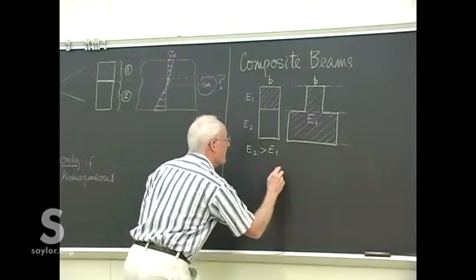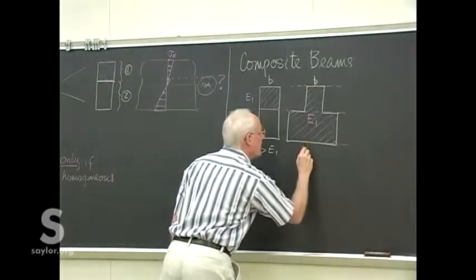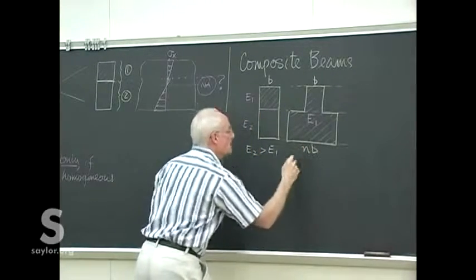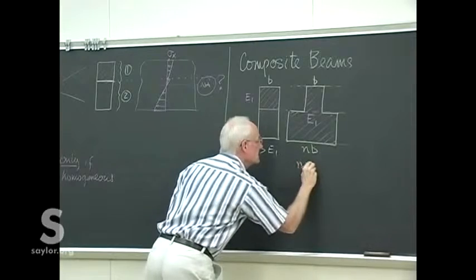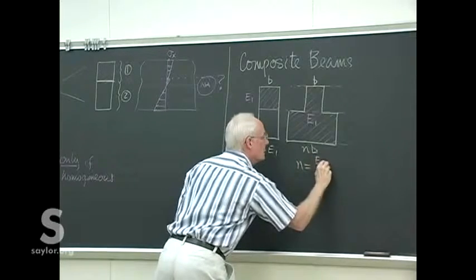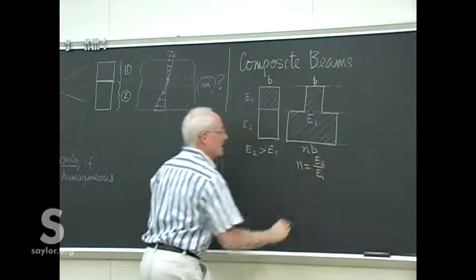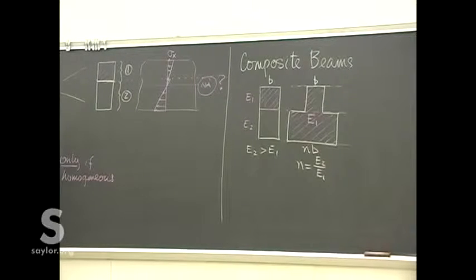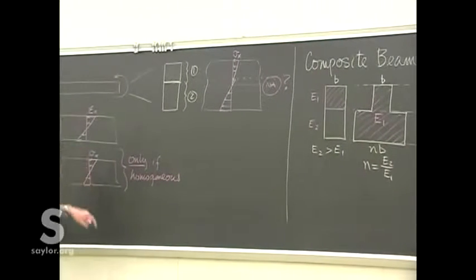Turns out that it's a factor that we call n times wider, where n is simply the ratio of those two. So if the bottom one's twice as stiff, we take it out, use the less stiff material, and use twice as much of it to get the equivalent ability to withstand the stress.